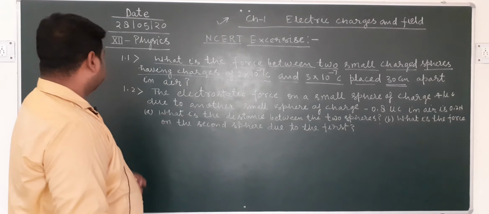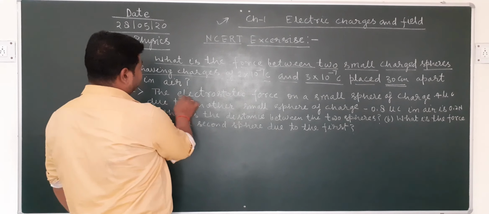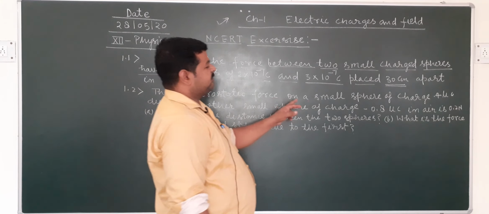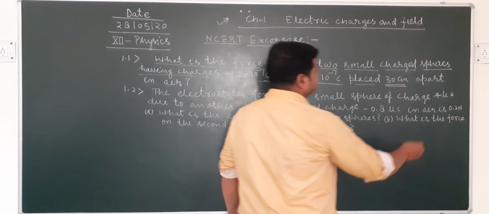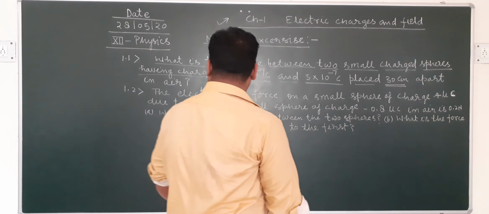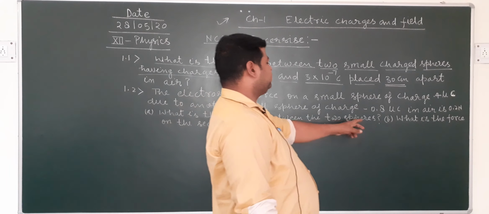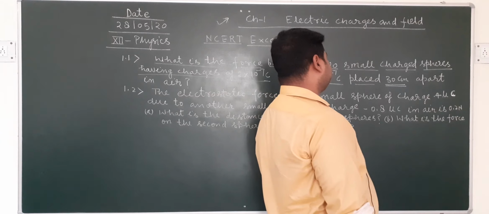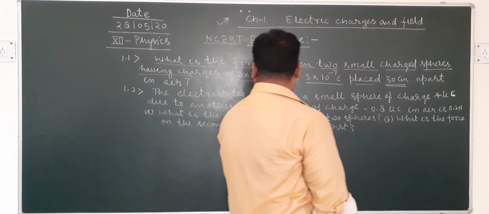Clear? So now the second question is: the electrostatic force on a small sphere of charge 0.4 microcoulomb due to another small sphere of charge -0.8 microcoulomb in air is 0.2 Newton.